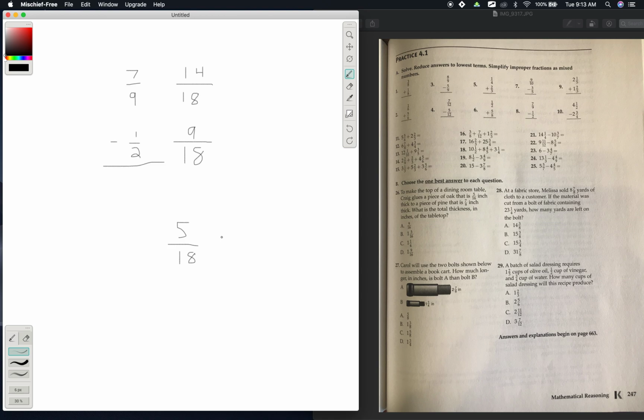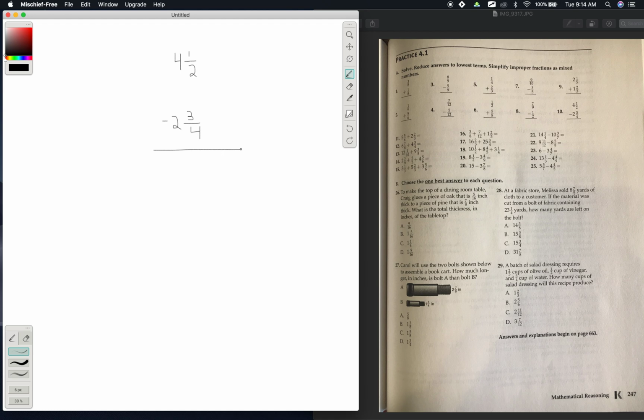Next question is number 10 here. Okay, so 4 and 1/2 minus 2 and 3/4.